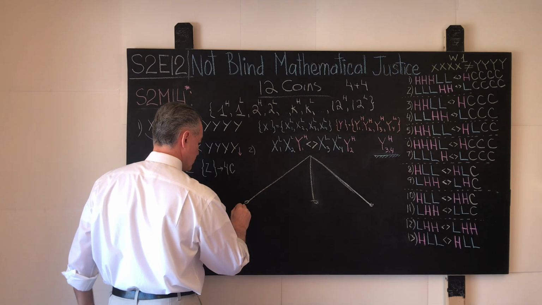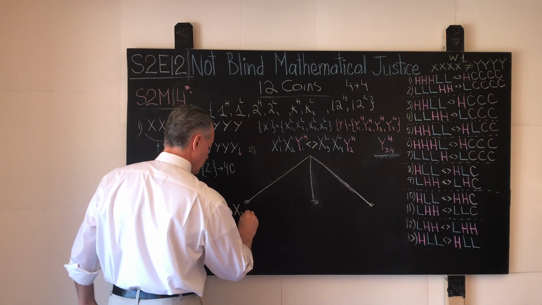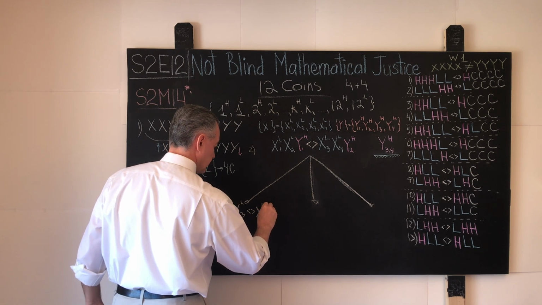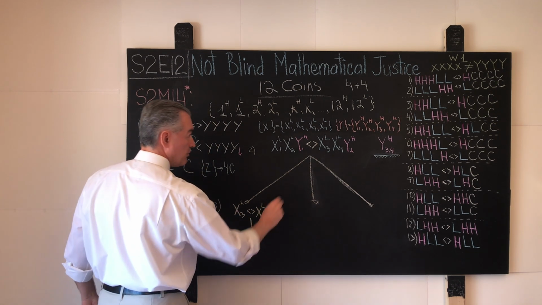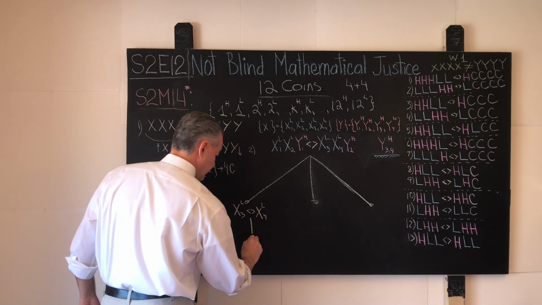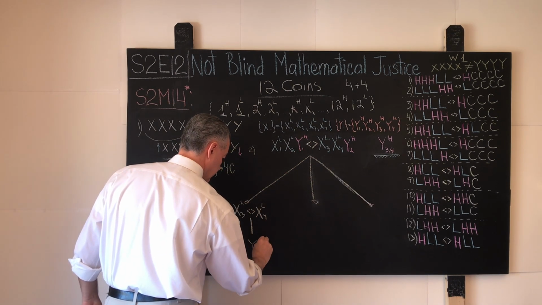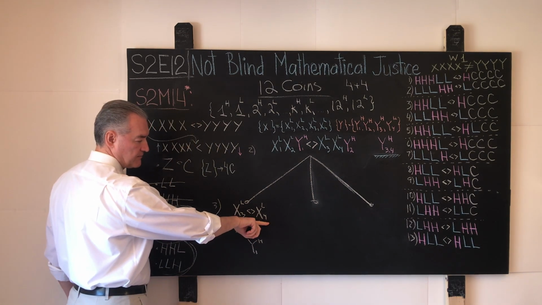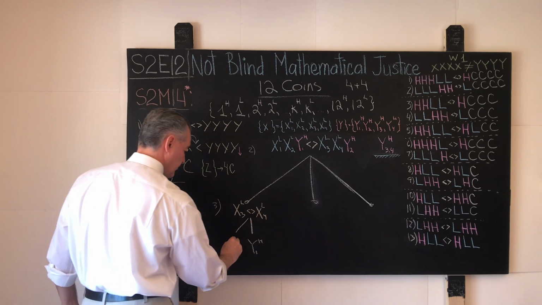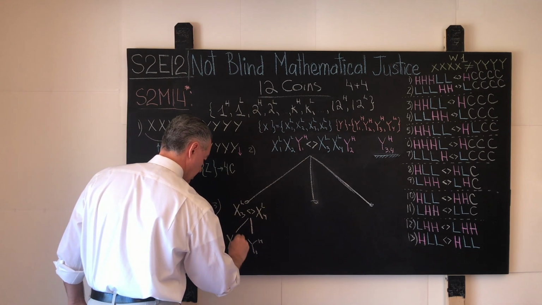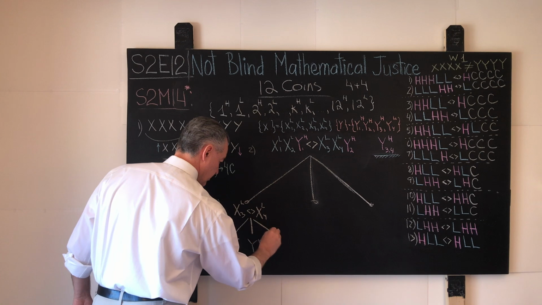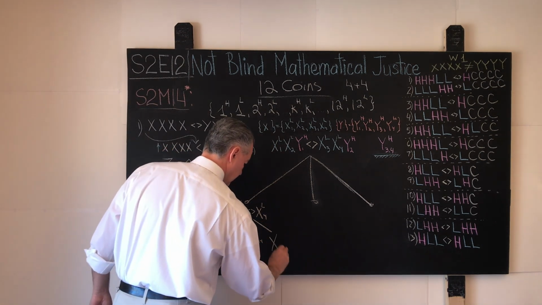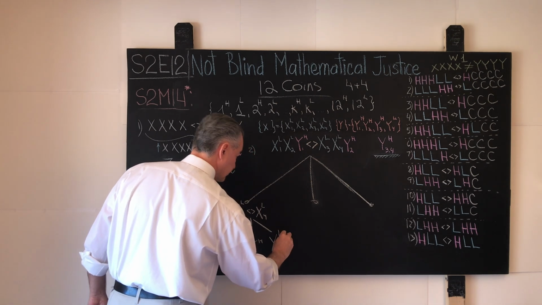That is, we measure the coin named x3 light against the coin named x4 light. When the pans balance, then the fake coin is named y1 and it is heavy. When the left pan goes down, then the right pan goes up. So the fake coin is named x4 and it is light. If the right pan goes down, then the fake coin is named x3 and it is light.